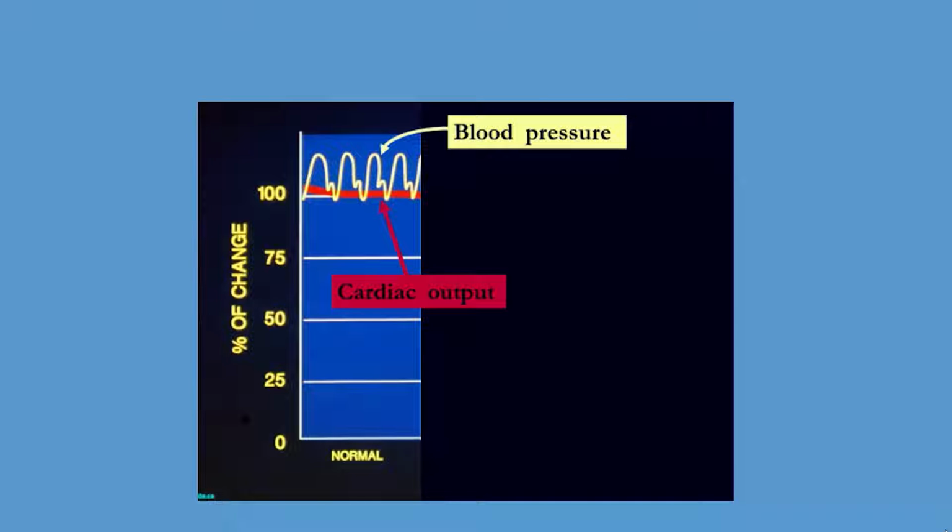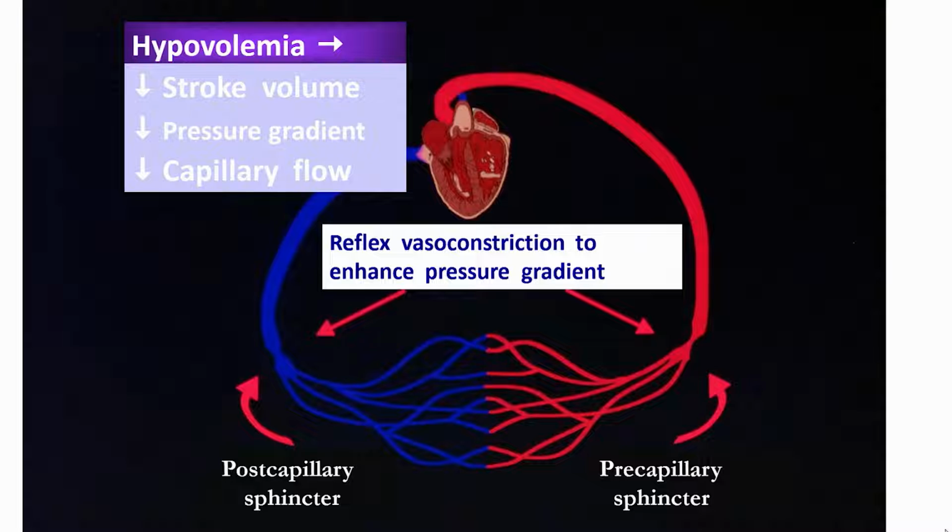So there's essentially no change in blood pressure or cardiac output. So there's really no external way of seeing that they're potentially in trouble. As they continue to lose additional volume, then their cardiac output and stroke volume decrease, which causes a decrease in the pressure gradient across those capillaries and decreased capillary flow. And those pre and post capillary sphincters will continue to adjust their vasomotor tone to try to effect a useful pressure gradient across those tissues and maintain flow.